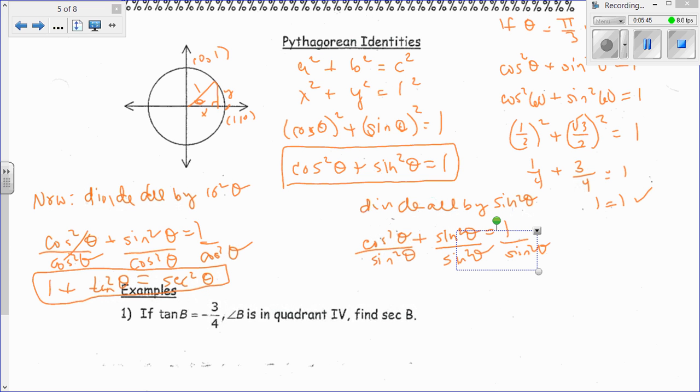Cosine squared theta divided by sine squared theta is cotangent squared theta. Sine squared theta divided by sine squared theta is 1. And then 1 over sine is cosecant squared theta.